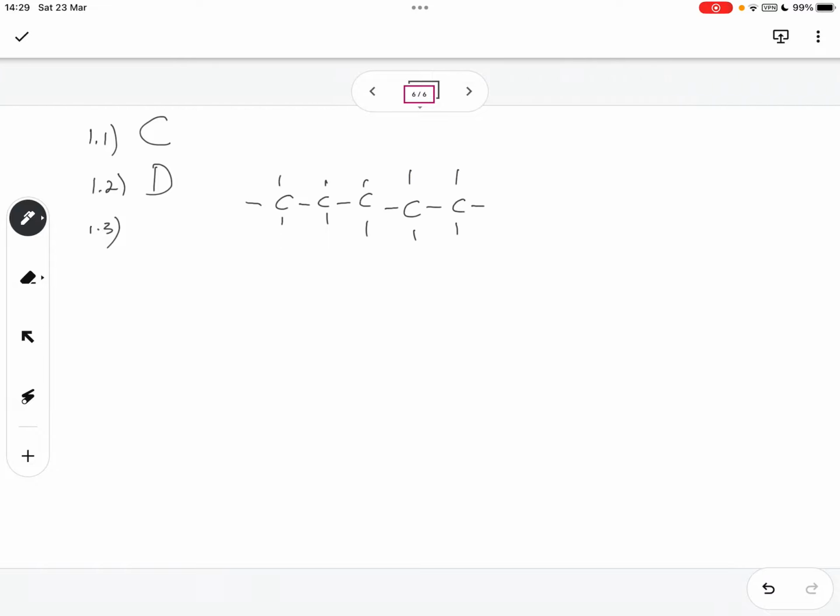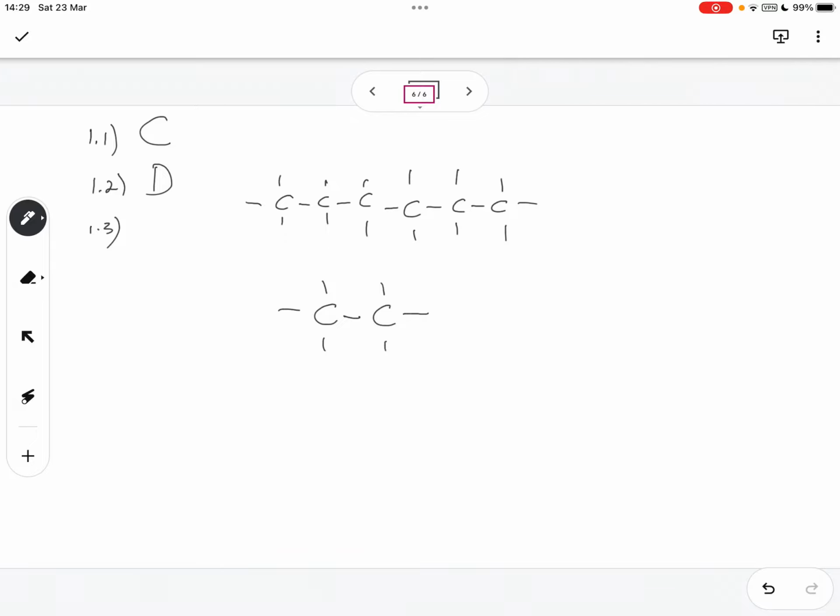I think this is a chain isomer. 1, 2, 3, 4, 5, 6. So that's the first one. The second one would be C123, C12. Then be careful of these ones, just CH3. Because it could be a double bond somewhere as well, or even a chain.